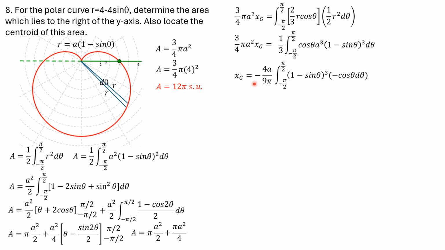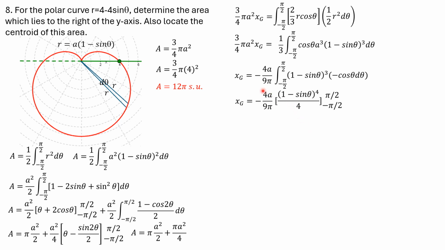This is now in the form negative 4a over 9 pi, then the integral of u cubed du from negative pi over 2 to pi over 2. So x sub g is negative 4a over 9 pi, quantity 1 minus sine theta to the fourth over 4 as shown, from negative pi over 2 to pi over 2.